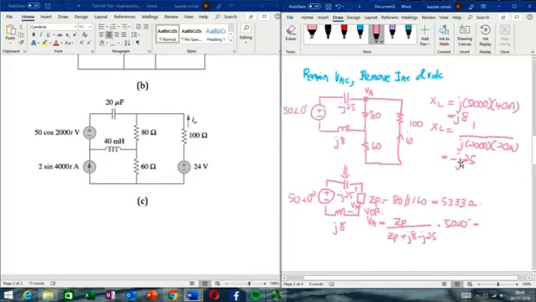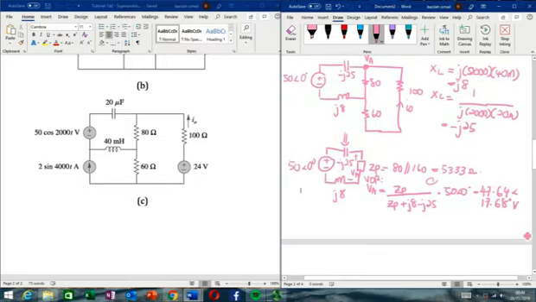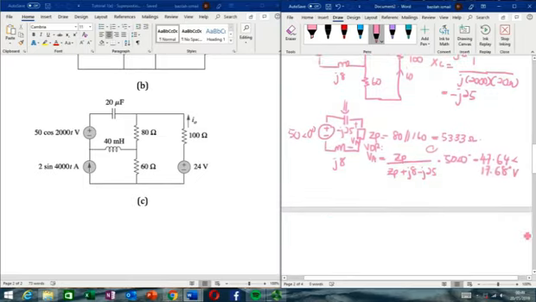So the answer is 47.64 angle 17.78 volt.